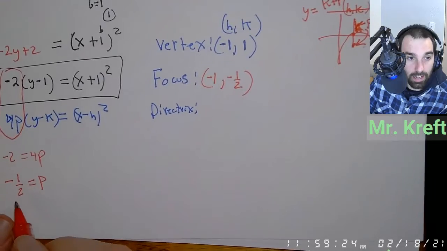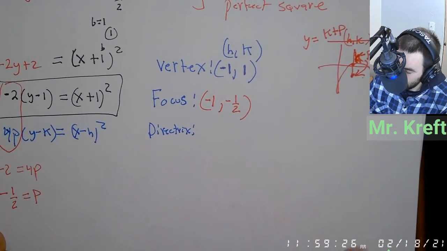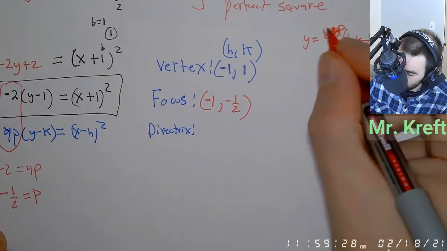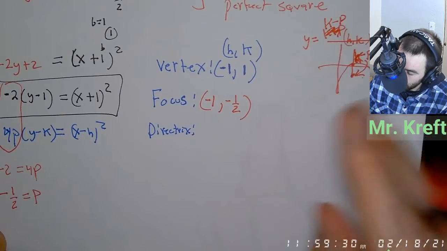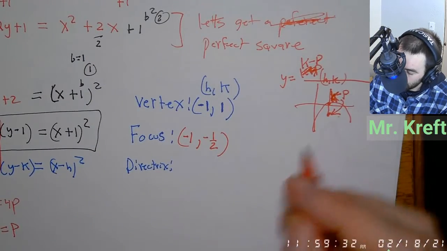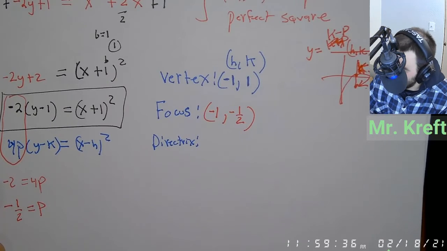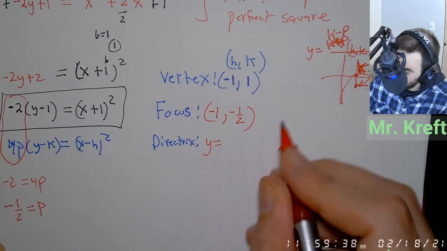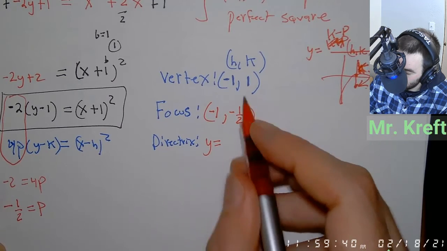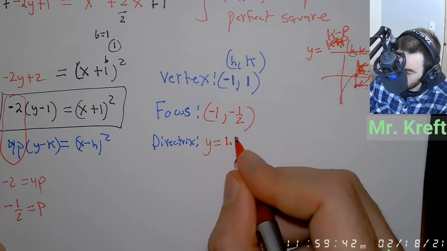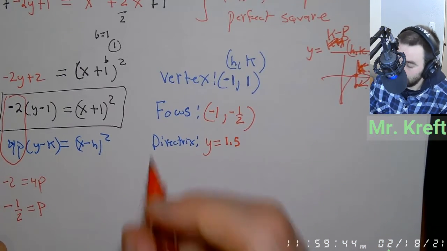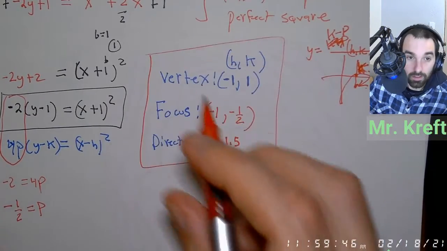So my p is -1/2. No, sorry, it's going to be minus p, because it's going to be higher, right? So minus a negative is higher. So it's going to be y equals, so my k was 1, so now it's going to be 1.5. And those are my answers.